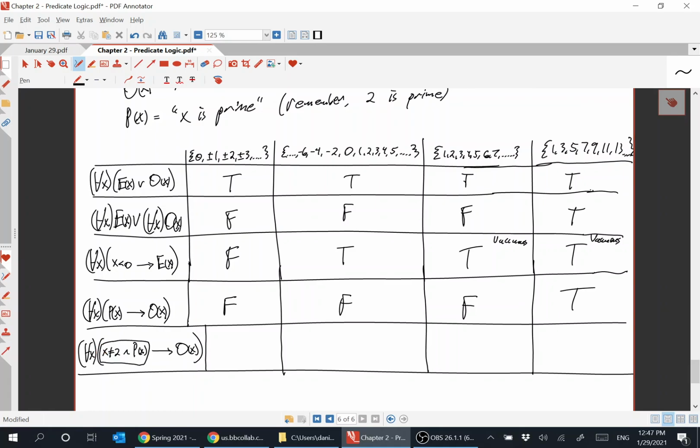When the hypothesis is true and the conclusion is false. So to make the hypothesis true, I have to have x that's prime and not 2. So 3, 5, 7, 11, 13, 17, 19, 23, 29, so on and so forth.